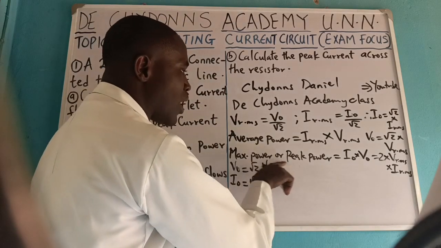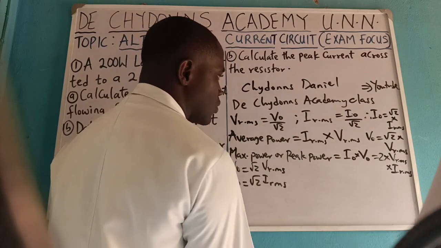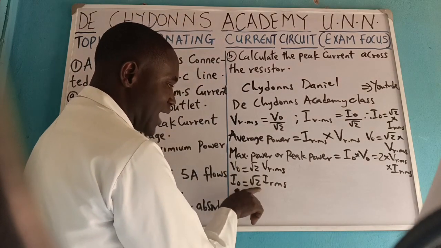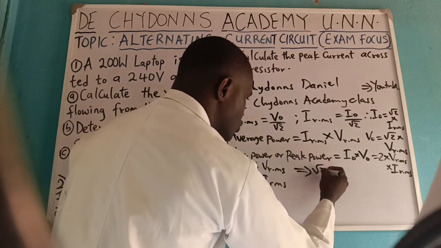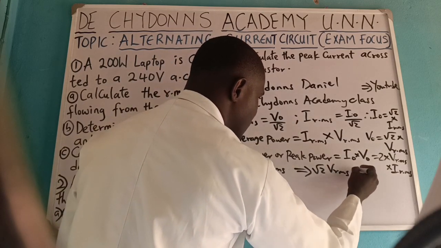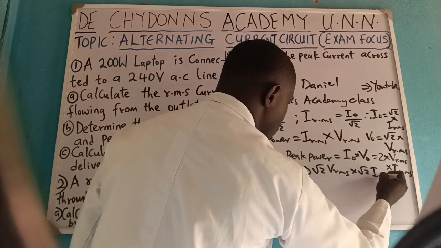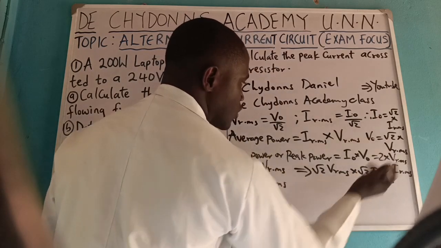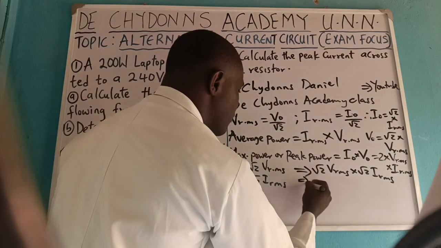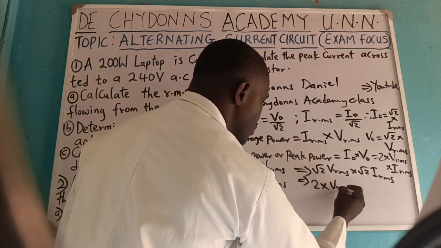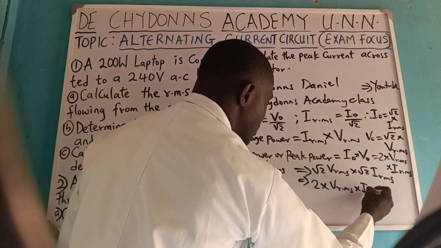Now, maximum power simply means I0 times V0. That means we'll have maximum power equal to root 2 V root mean square voltage times root 2 I root mean square current. That is what we just wrote here. Root 2 times root 2 will give you 2. That means we'll have 2 times V root mean square voltage times I root mean square current.